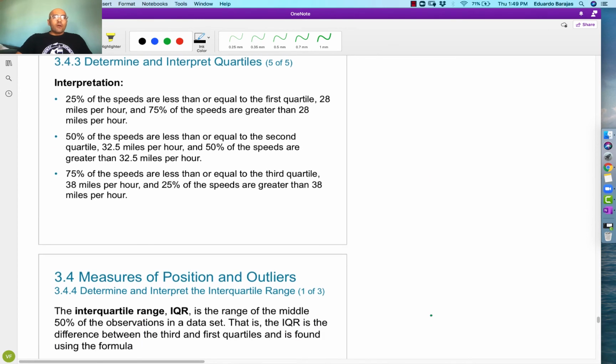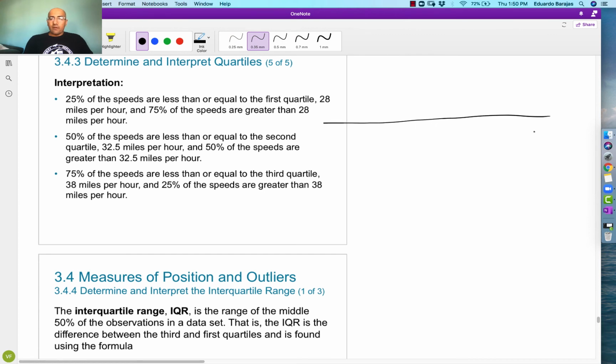Okay, so 25% of the speeds are less than or equal to the first quartile. That's our interpretation, which is 28 miles per hour. So about 25% of our data is below 28 miles per hour, and 75% of the speeds are greater than 28 miles per hour, right? That's the separator.